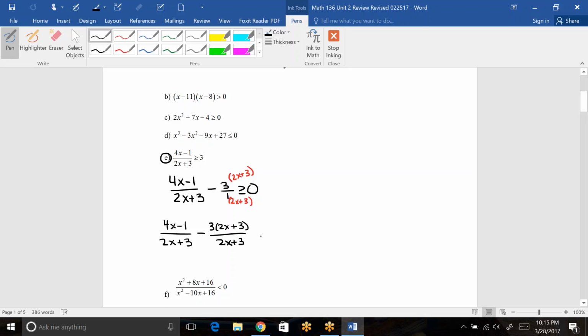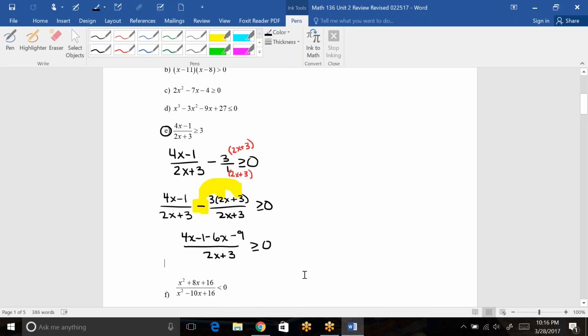I just wanted to write it a little bit neater, because when we go to combine this, you have to make sure that you distribute this negative sign to everything in that fraction on the top. So it goes with that 3 when we distribute. This would be 4x minus 1 minus 6x, negative 3 times positive 3 would be negative 9, all over 2x plus 3 greater than or equal to 0.